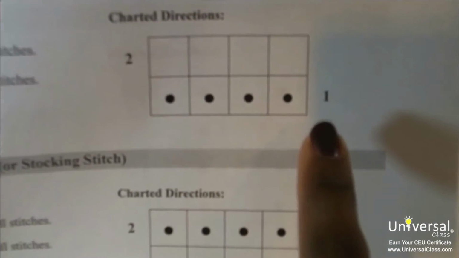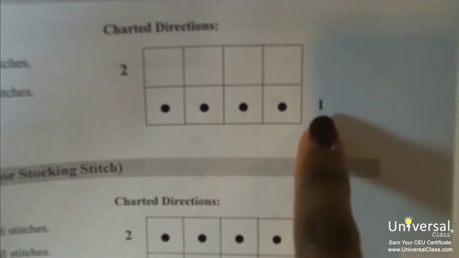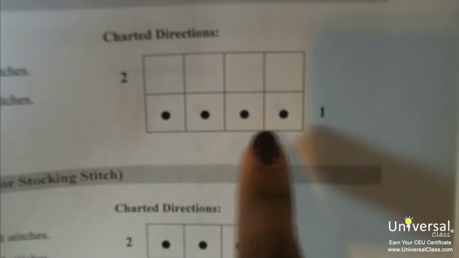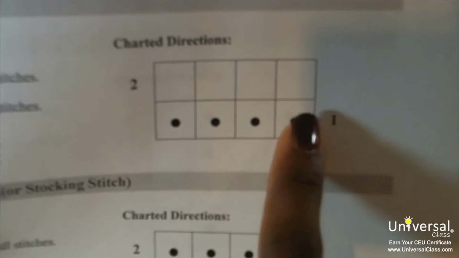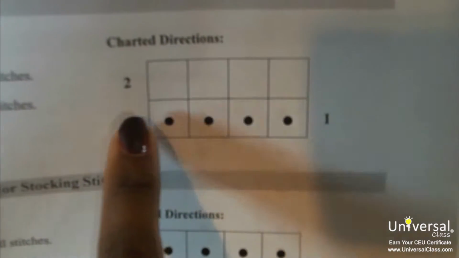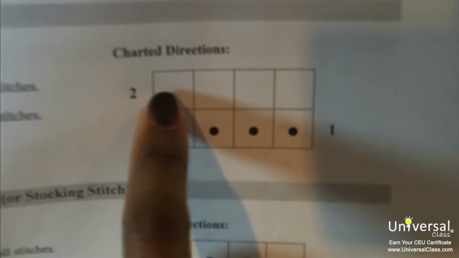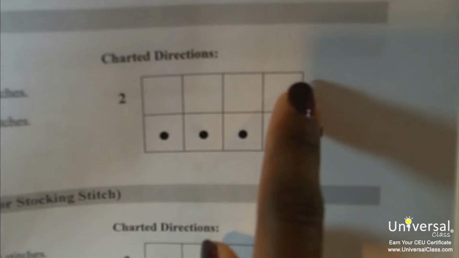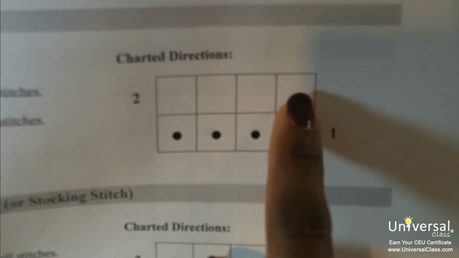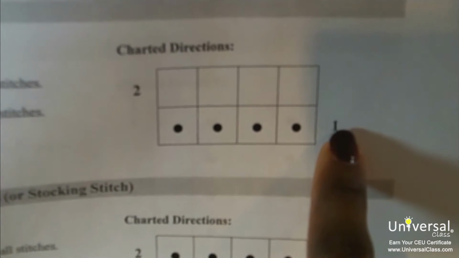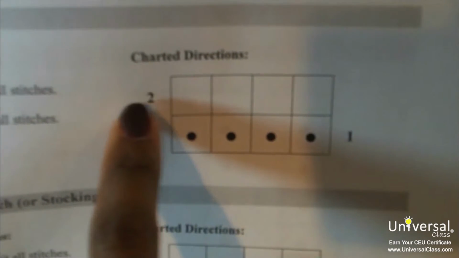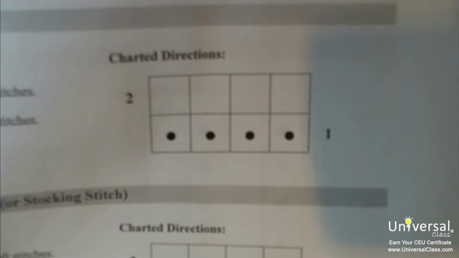So this means, as we see here with row 1, each box is an individual stitch. And this is row 1. And row 2, each box is an individual stitch. And that completes row 2. Now you see here that your row 1 is on your right side and your row 2 is on your left side.